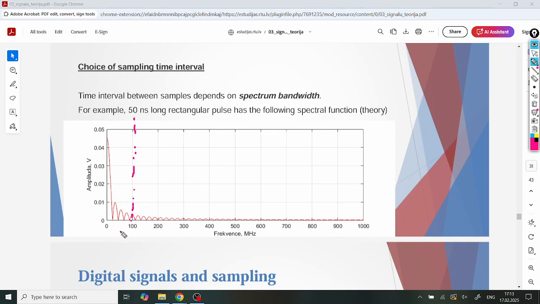So from that perspective, we say that the maximum frequency here is 100 megahertz, for a 10 nanoseconds pulse, meaning that your sampling frequency should be at least double this number, 200 megahertz.